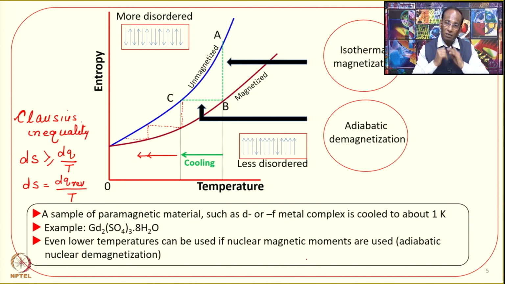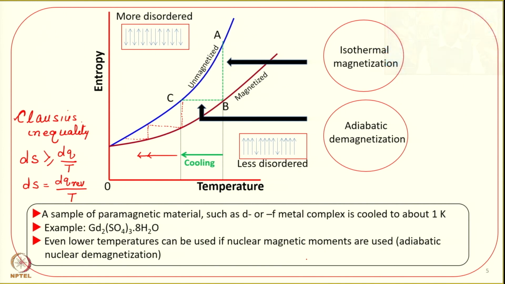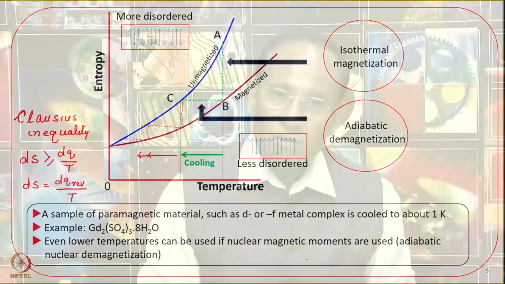The process that we are discussing is 4 Kelvin liquid helium, 1 Kelvin pumping helium through large diameter pipes. Below 1 Kelvin we are using the electronic magnetic moments.